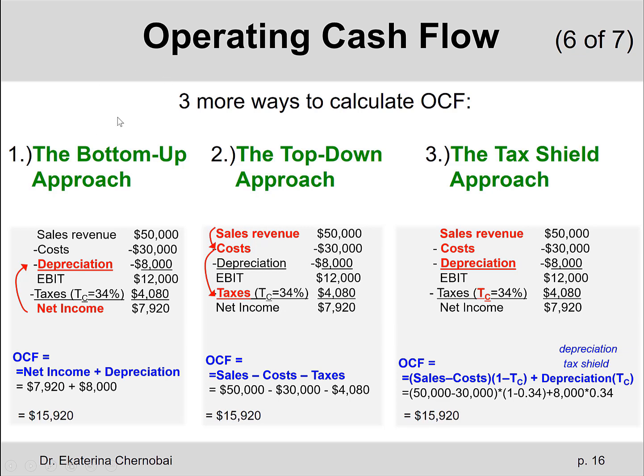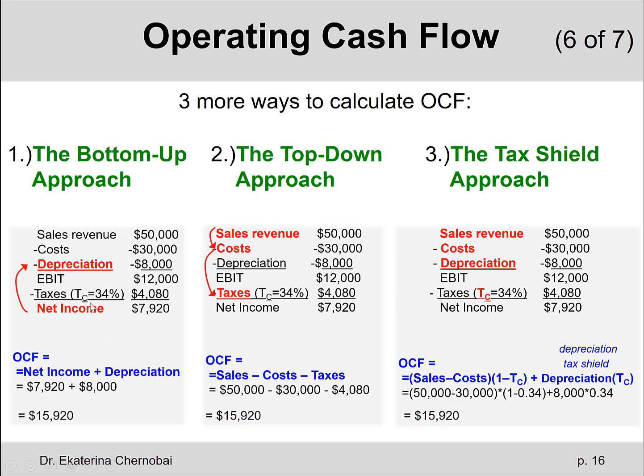So take a look at how the bottom-up approach works. It's true that there are only two numbers, but you're not given the net income. You need to go through the entire income statement to first find the net income, and only then you are working with just two numbers.